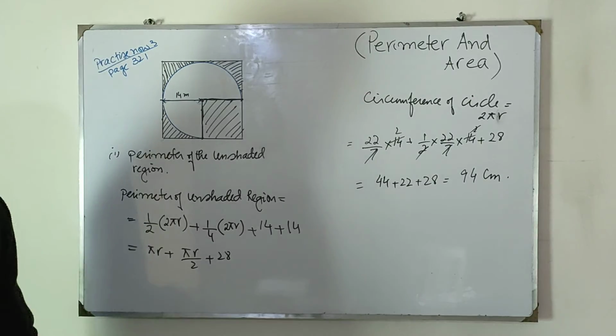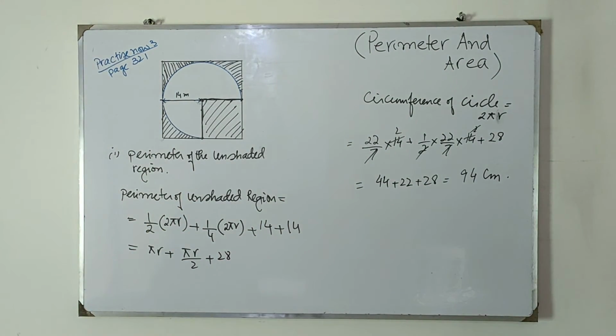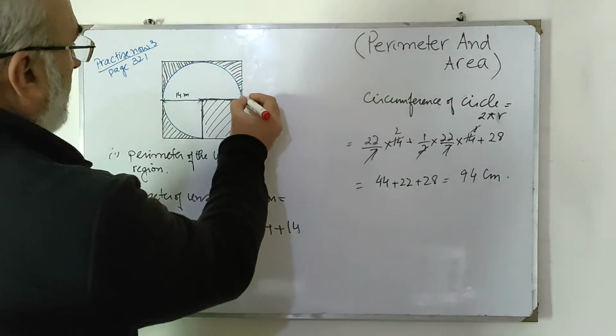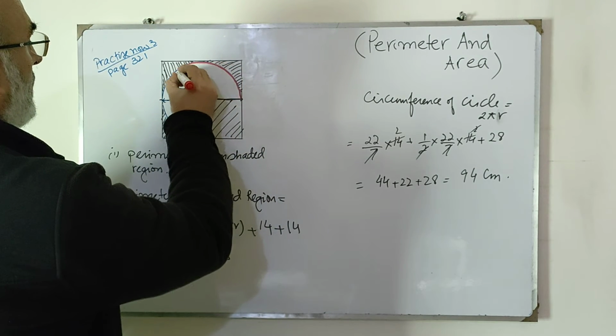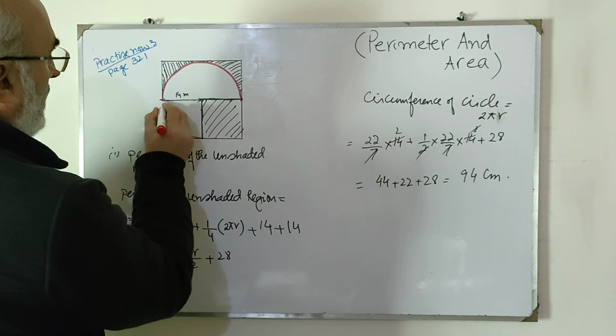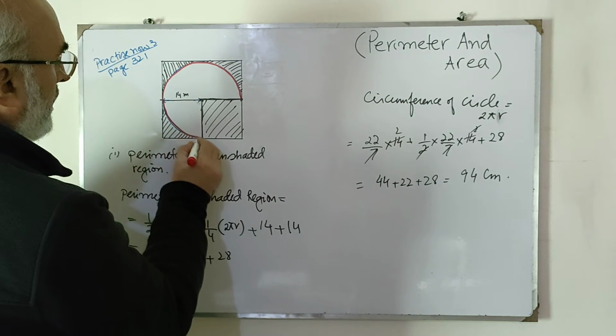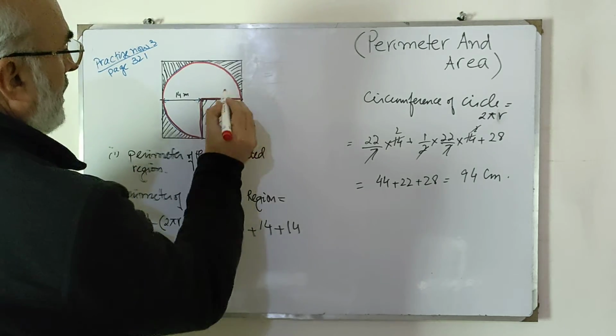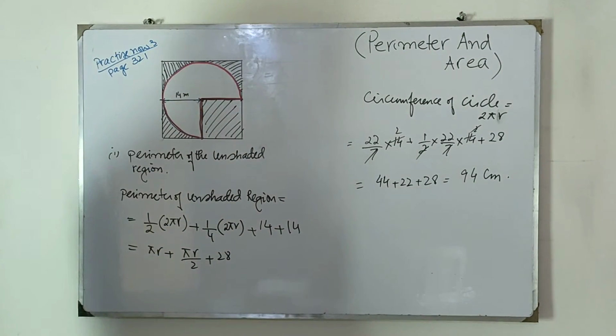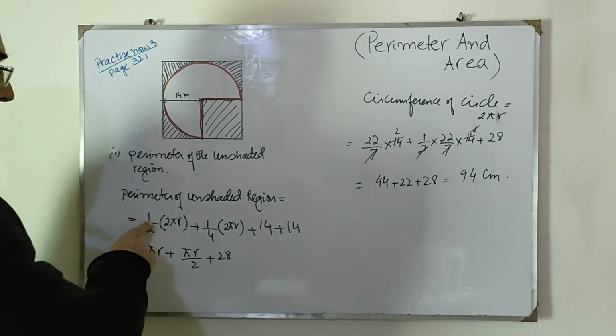So we have calculated the perimeter which was this, from here to here, and then from here to here, then from here to here, and then this. So this was all the perimeter of the unshaded region, which we covered.